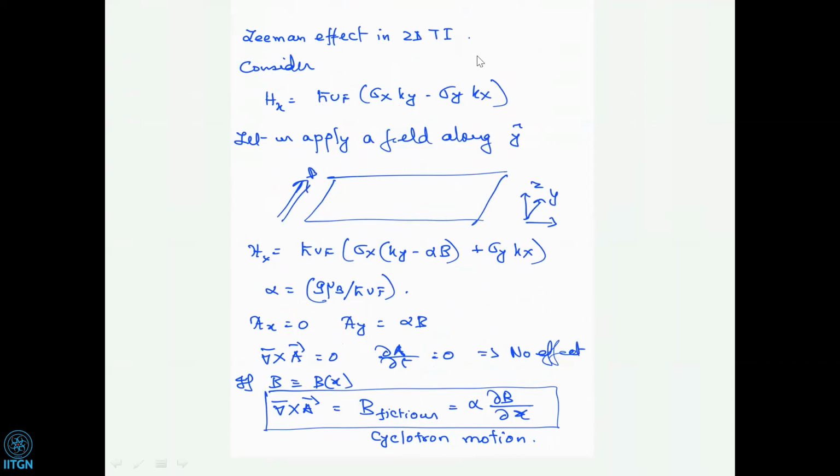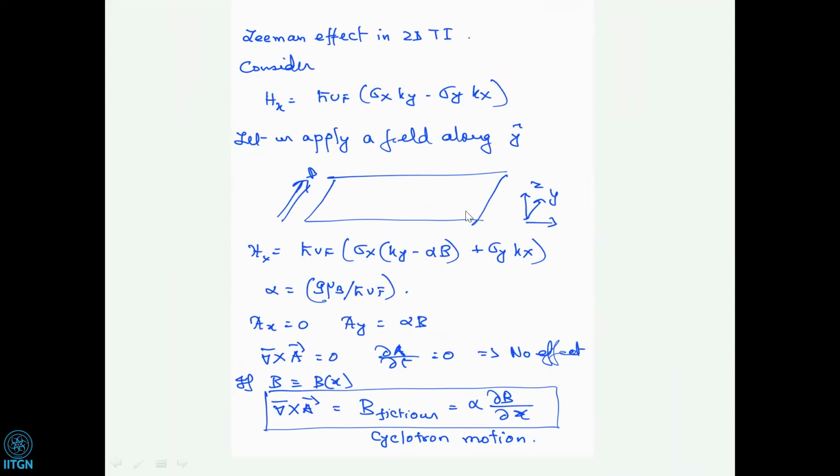And now I apply a field along Y, which means that gives me a Zeeman term, which is g mu B times B in the Y direction. So I can combine that term with this Hamiltonian, because that also has a sigma y, because it couples to Sy.